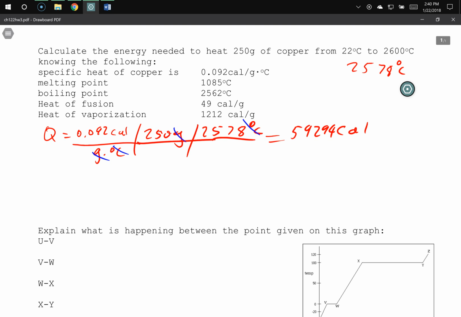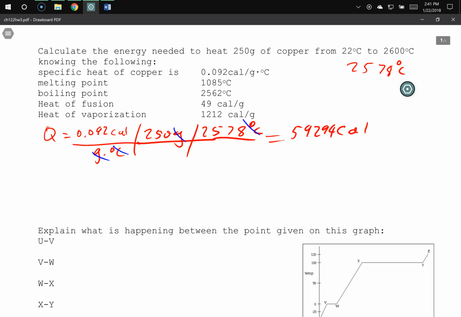All of that energy is being used, like she said, to make the copper temperature go up. But when the temperature goes up, what's really happening to the atoms in this case? They're moving faster. So some of that energy is being used to make the solid copper move faster in its little space. Some of it is being used to make the liquid copper roll over the top of each other faster.